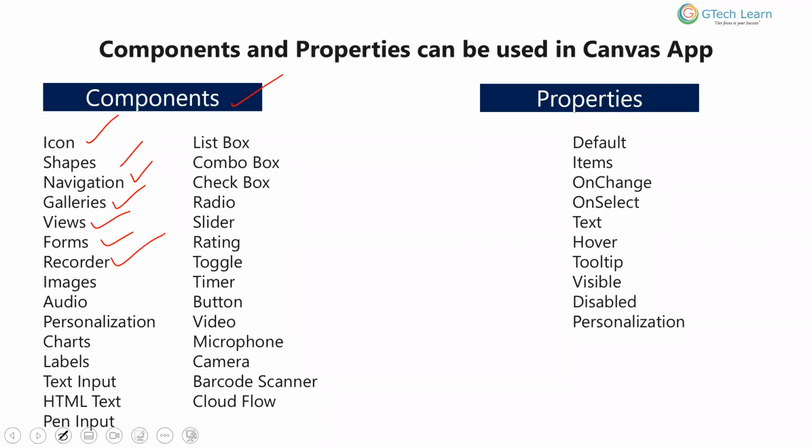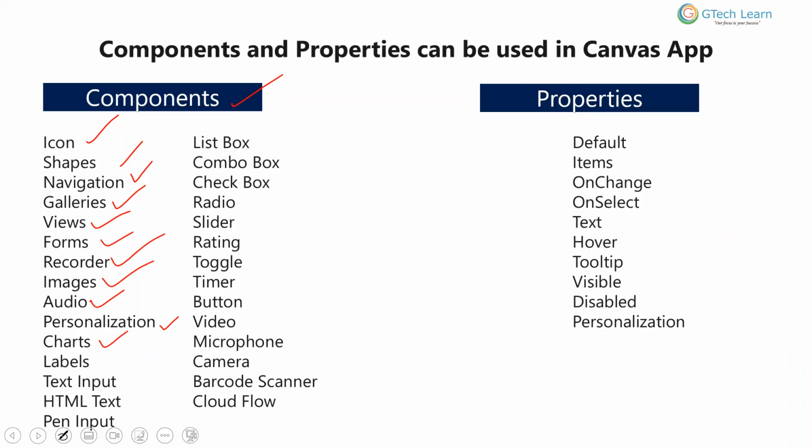And also we can utilize a recorder. Recorder could be your voice recorder. Then we can utilize images also to display some images in the list or in the data itself. You can also utilize the audio function to insert any kind of audio file in the application. You can also go for using the personalizations area, where you can make some personalization changes to how the interface should look.